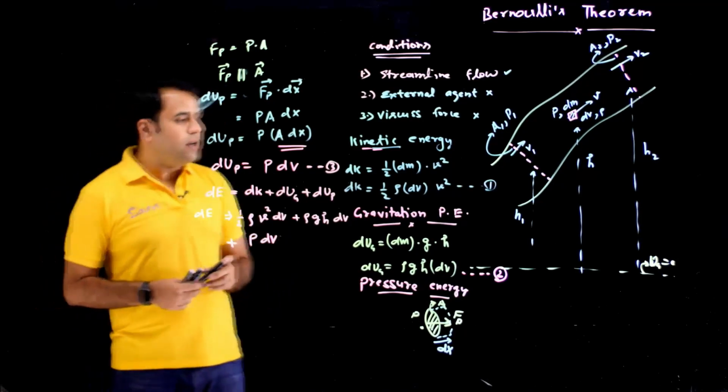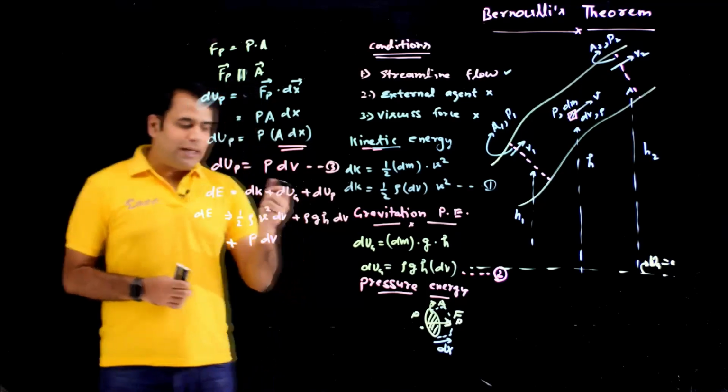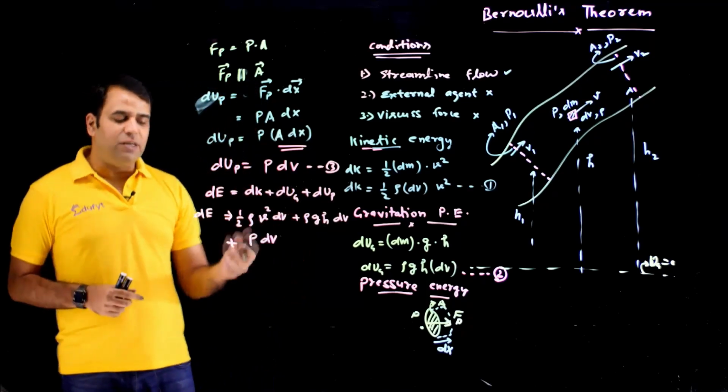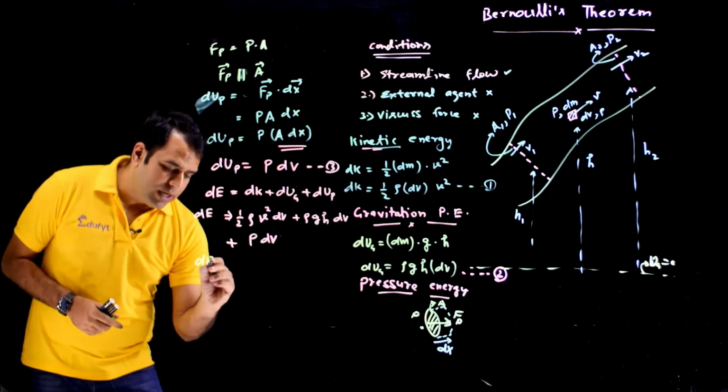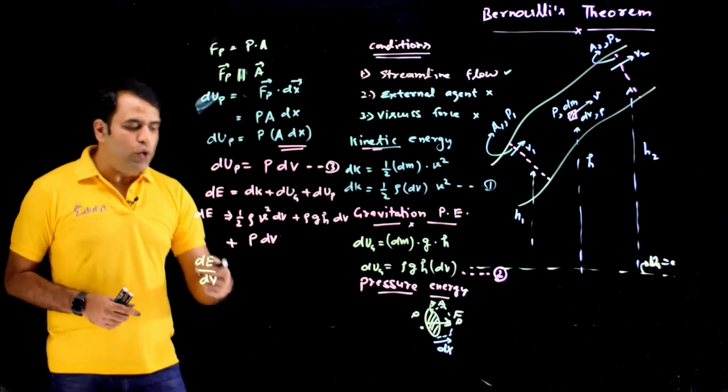Now dV here is the same for each term because dV is the test volume. So what can I do? I can divide this whole equation by dV. So if I divide this whole equation by dV, I will get the mechanical energy per unit volume.